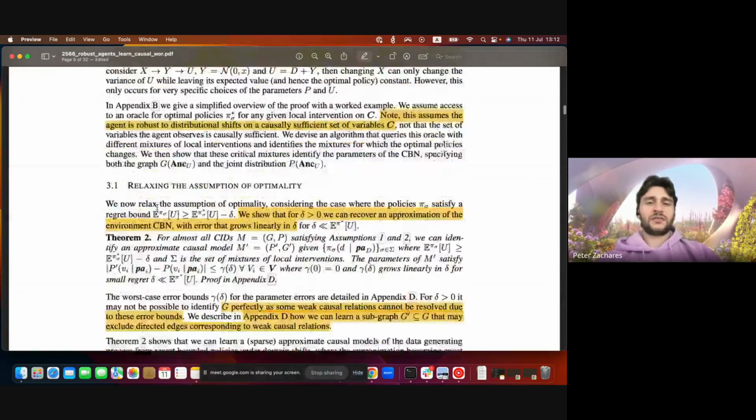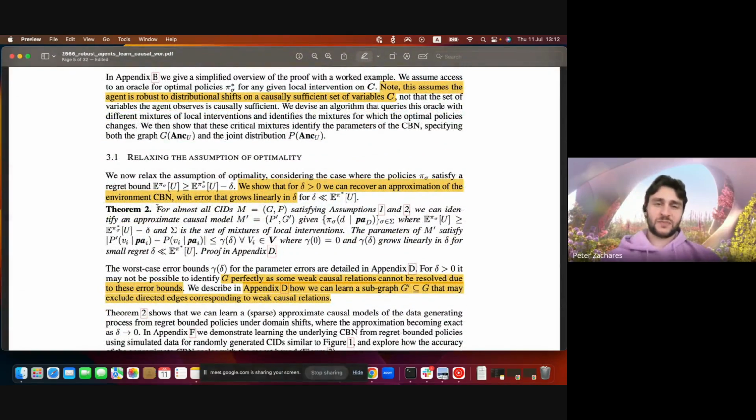Okay, so the second result, which is actually even cooler than the first result because it's much more practical. For almost all causal influence diagrams satisfying assumptions 1 and 2, we can identify an approximate causal model M prime given a set of policies which are not optimal, where you can regret bound the policies.